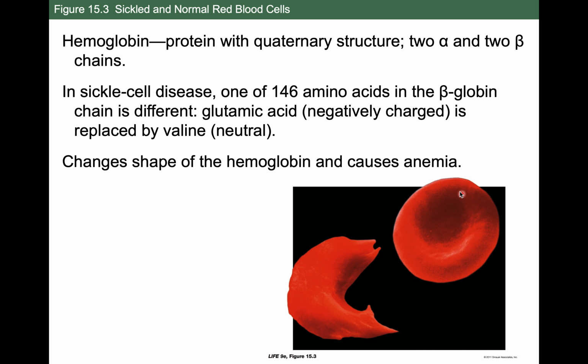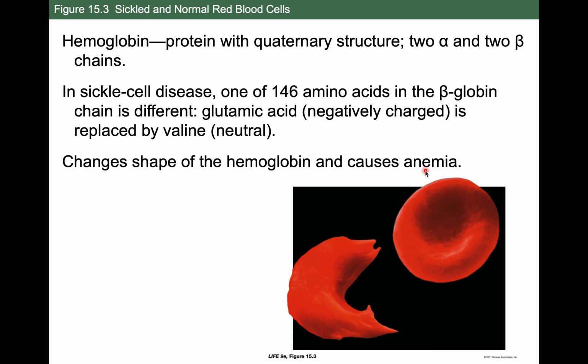Your red blood cells should have this nice round shape with the dimple in the middle, and they're carrying oxygen through your bloodstream to all your cells. If you change just one amino acid out of 146 in that beta globin protein, you end up with red blood cells that look like this instead. They've got that characteristic sickle shape, hence the name of the disease.